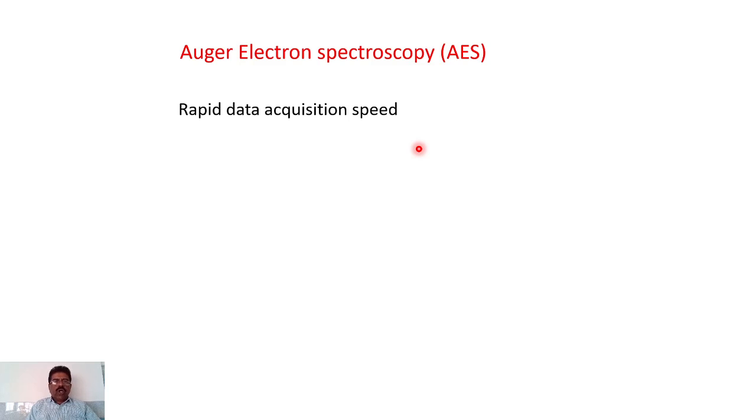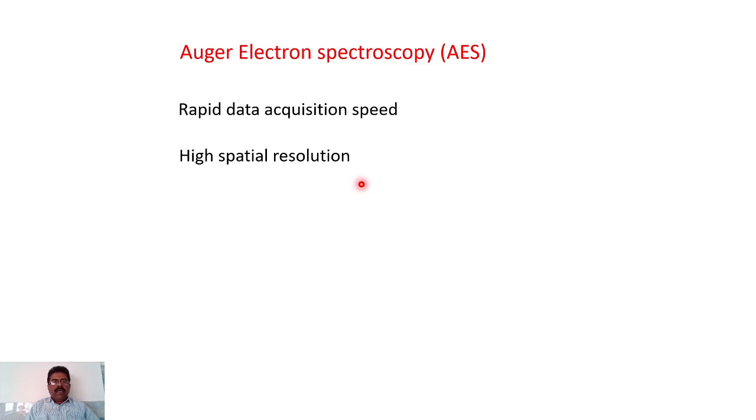The Auger electron is received by the electron energy analyzer, and immediately the computer plots it as a function of its kinetic energy and the intensity of electron. This is nothing but the spectra, from which you can identify the elements present in the surface.